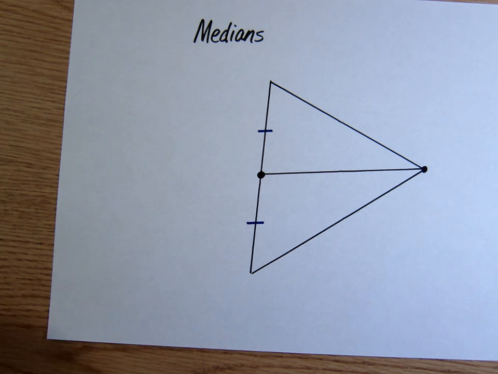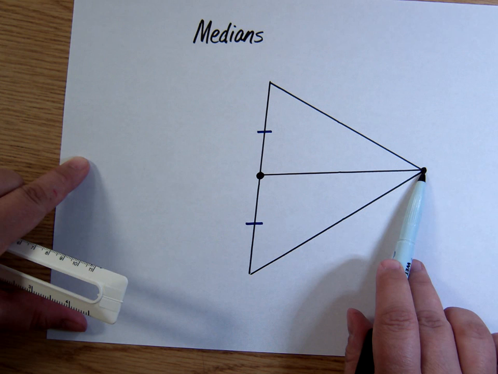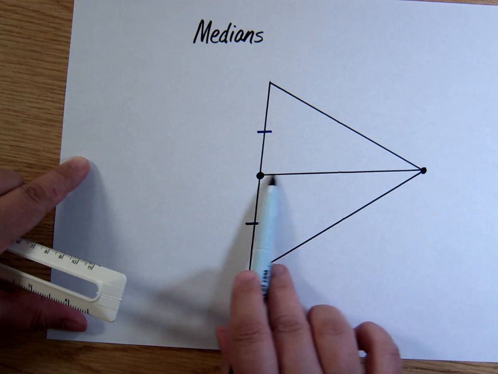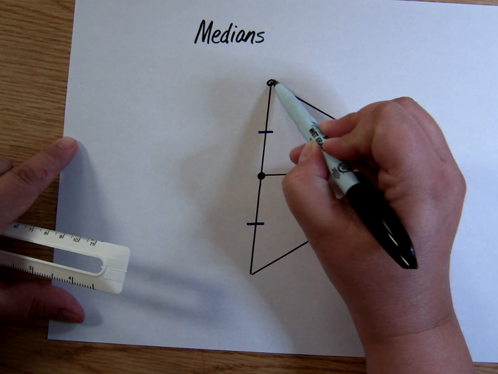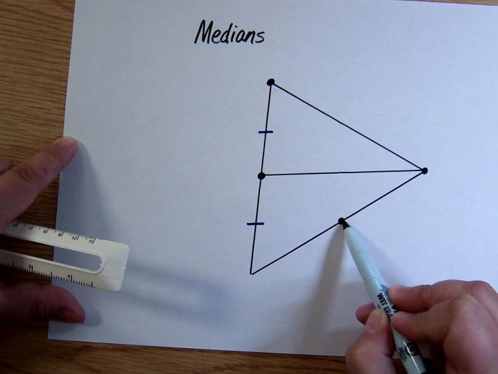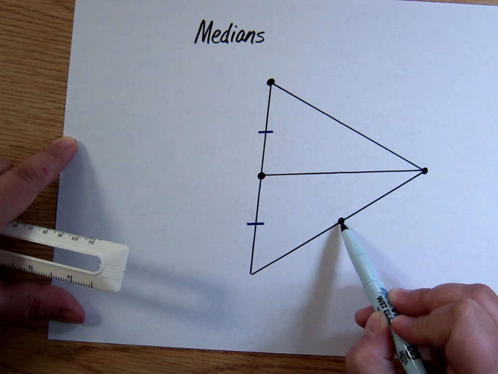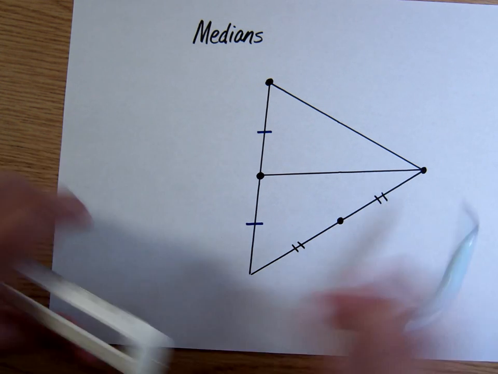Okay, now if I'm asked to draw all the medians of a triangle, I have to do that from each vertex. This is a vertex. Go from the vertex to the midpoint of the opposite side. So I would go from this vertex to the midpoint of this side. And again, to show that it's a midpoint, I put congruence markings on either side.